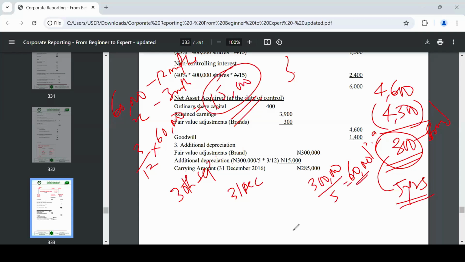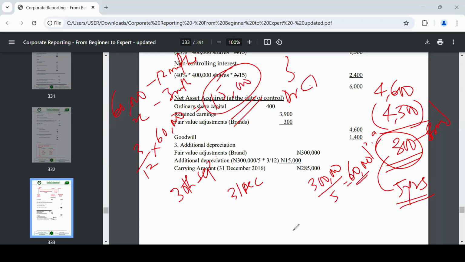Okay. So what I will do to this 15,000 is this. In my statement of financial position, this 15,000 should go to P or L. Like I always say, what represents my P or L in my statement of financial position is the consolidated retained earnings.